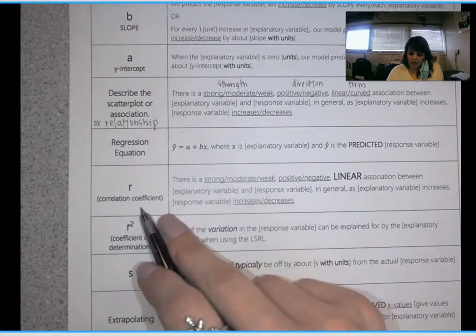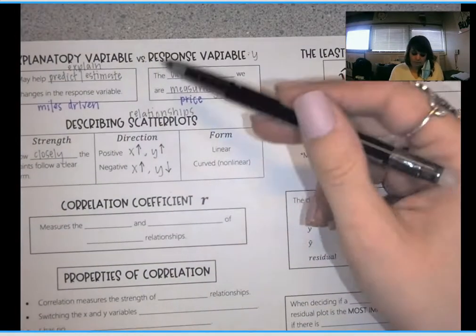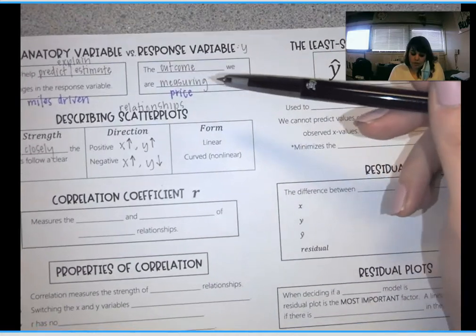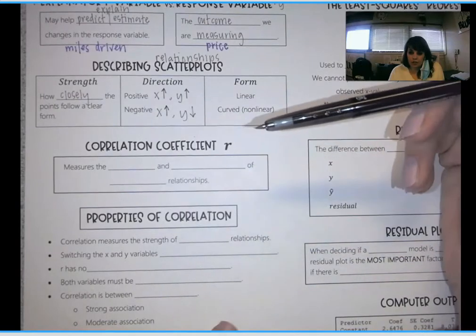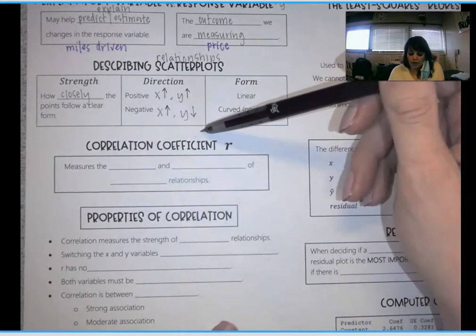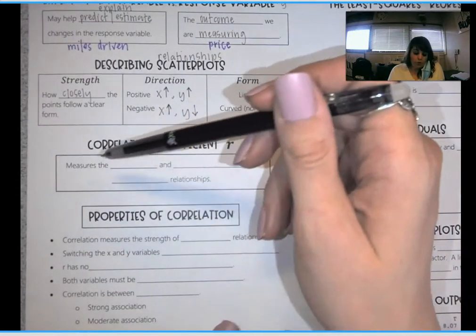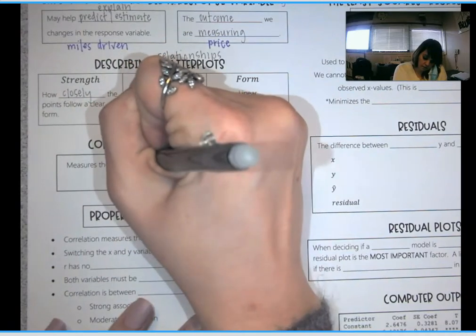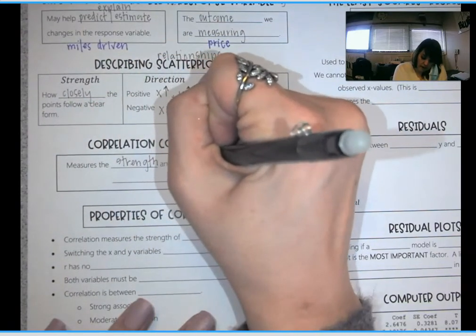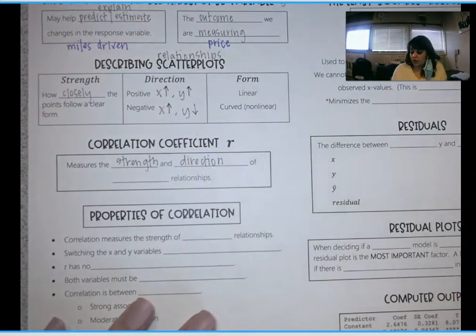Here, for the correlation coefficient, it's a very similar description. Okay, so now, if we have a scatter plot that shows a linear relationship, we have a correlation coefficient that we denote with the letter R. So the correlation coefficient measures the strength and direction of linear relationships.